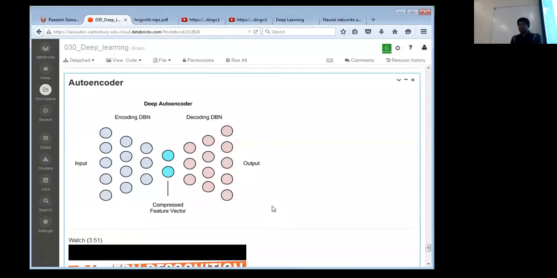The way we do this is by squeezing the inputs. Each hidden layer here is getting squeezed, so it's only deriving the essential information from the input, and subsequent layers learn more and more abstract information about the input. Once we do this, we try to reconstruct the same input by expanding out the layers.